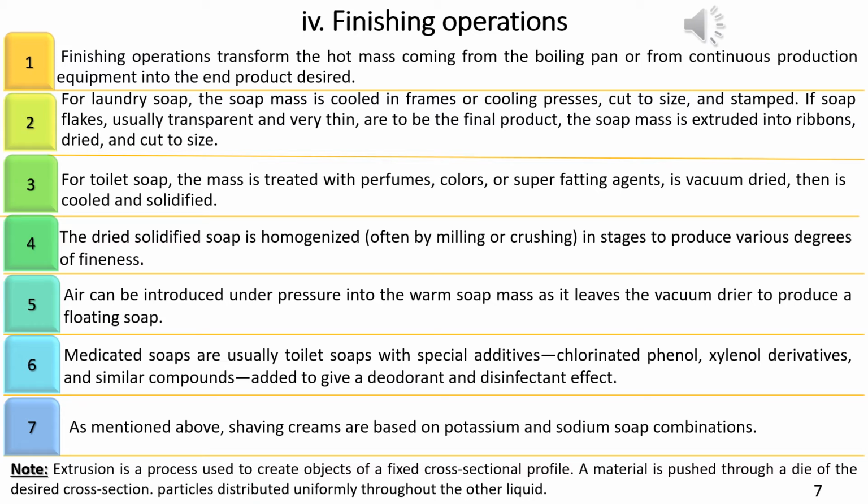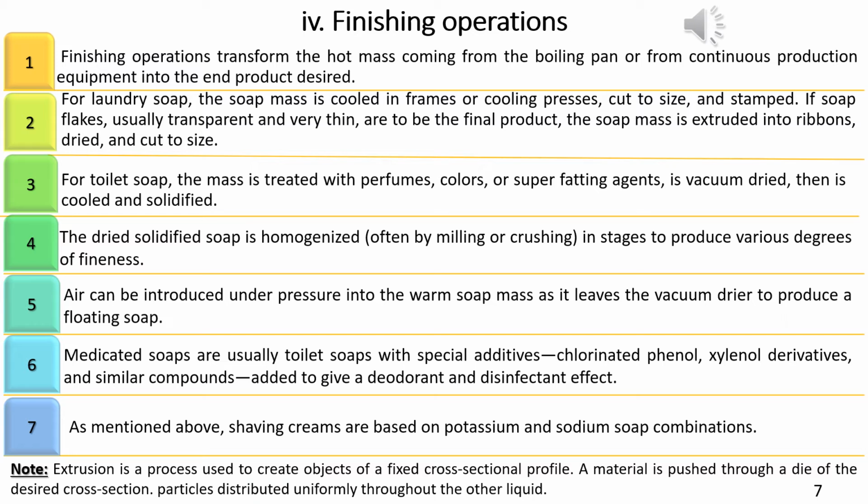Number 6. Medicated soaps are usually toilet soaps with special additives, chlorinated phenol, xylene derivatives and similar products or compounds added to give a deodorant and disinfectant effect. So medicated soaps are usually toilet soaps.